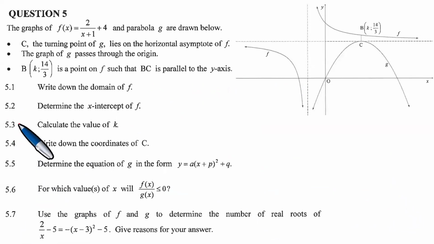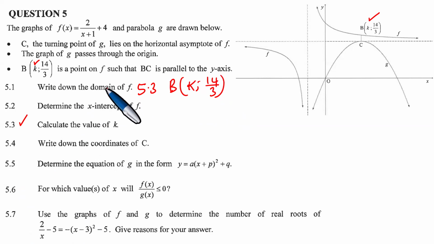Next, we have 5.3. Calculate the value of k. k is clearly written here. It is the x-coordinate of the point B. To do 5.3, there are a couple of things we need to take into account. We're taking into account the fact that the point B has the coordinates (k, 14/3).